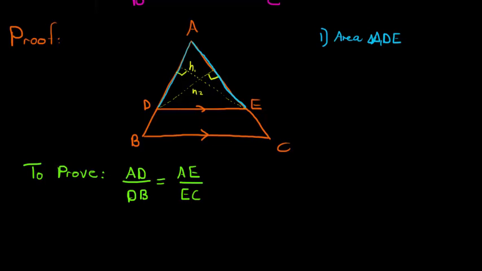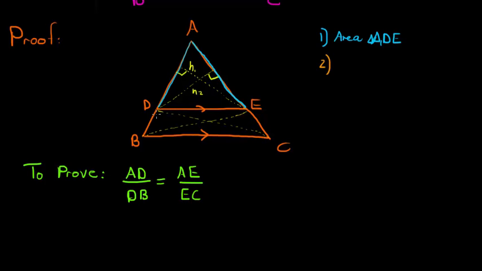That's the one thing, and then the other thing I'm going to do is draw another construction here. I'm going to create a triangle DBE and a triangle DEC.